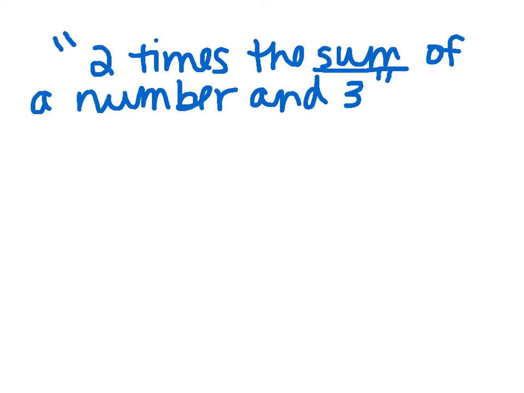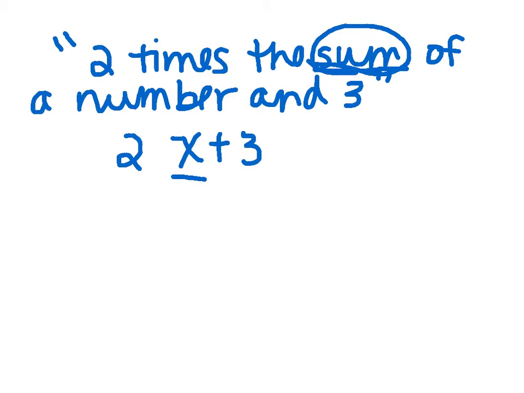The sum. How do I write the sum of a number and 3? I write it as x plus 3. So if I want to multiply that by 2, I write it right next to here. But if I look at this expression, what's getting multiplied by 2? Only x. Since I want the whole sum to get multiplied by 2, I must put it in parentheses. So it's saying 2 times the whole sum of that.